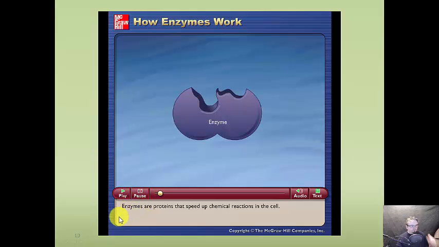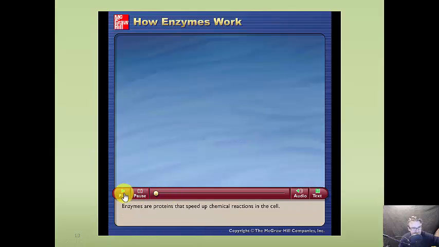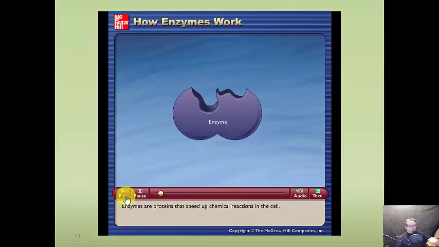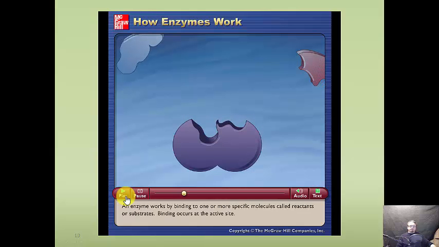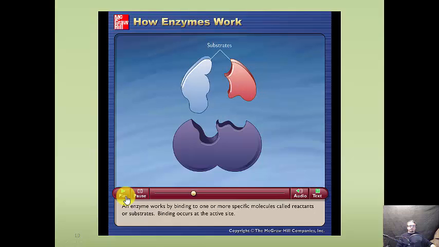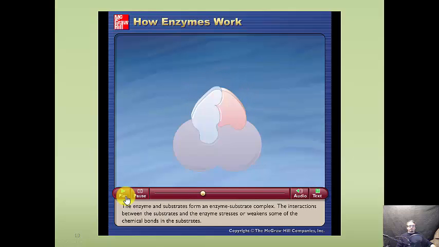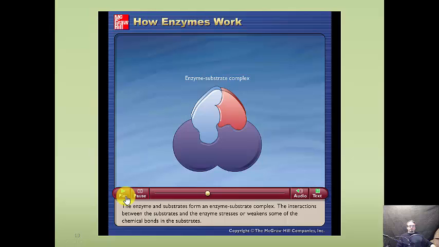Enzymes are proteins that speed up chemical reactions in the cell. A special region on the enzyme called the active site has a shape that fits with specific substrate molecules. An enzyme works by binding to one or more specific molecules called reactants or substrates. Binding occurs at the active site. The enzyme and substrates form an enzyme-substrate complex.